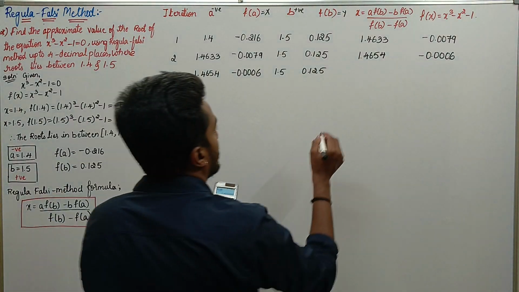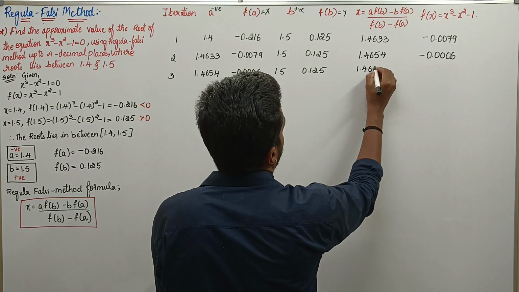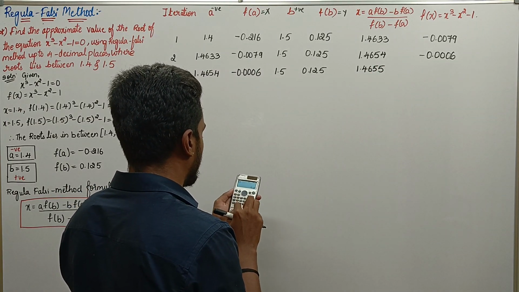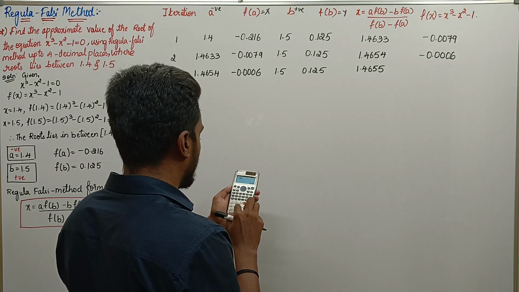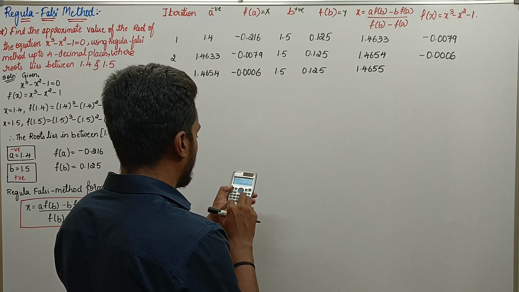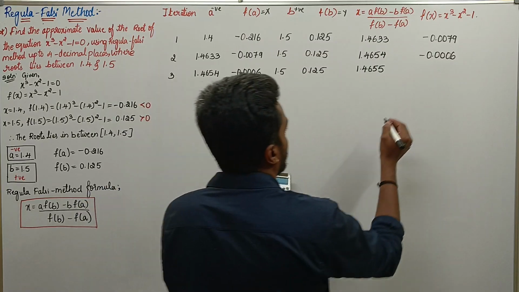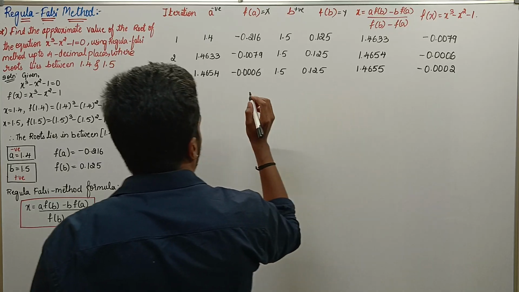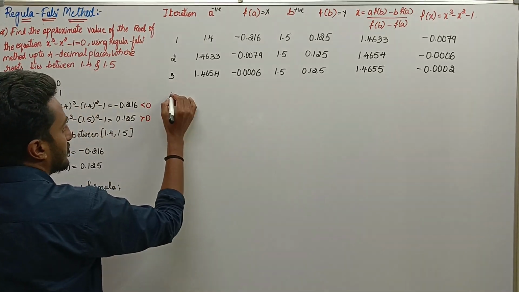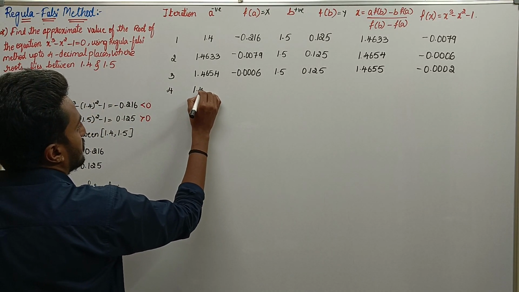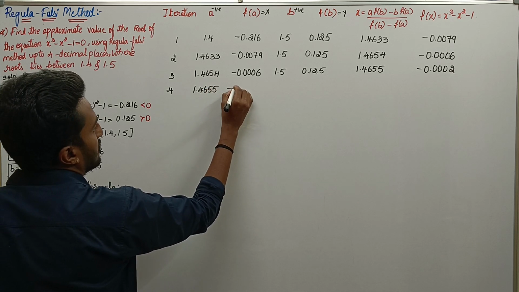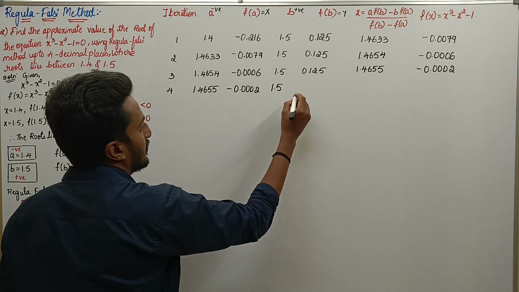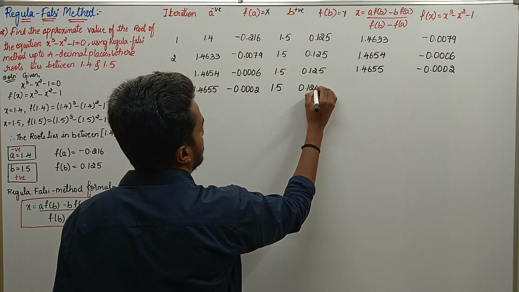You get 1.4655, and if you press calc for the function value, 1.4655, you get shift eng, shift eng. You get minus 0.0002. Now since I have got negative, replace in the negative place. 1.4655 and minus 0.0002, 1.5 and 0.125.